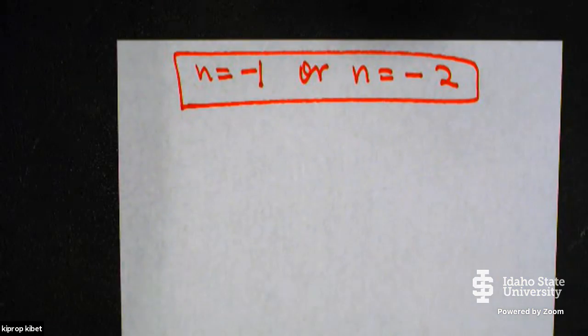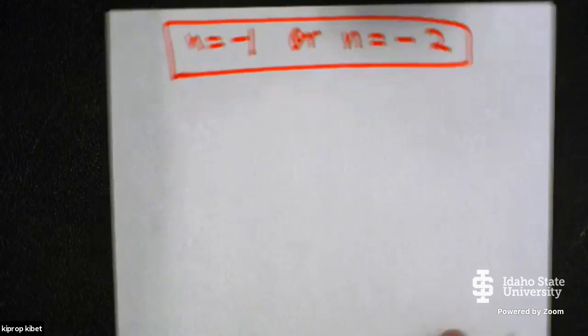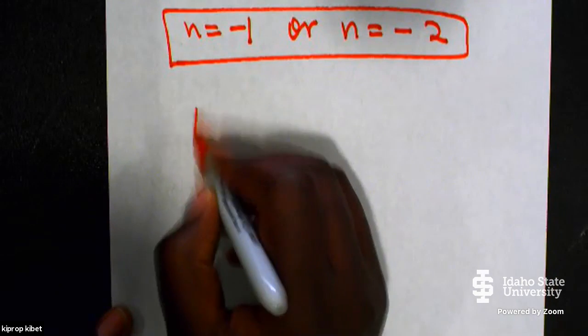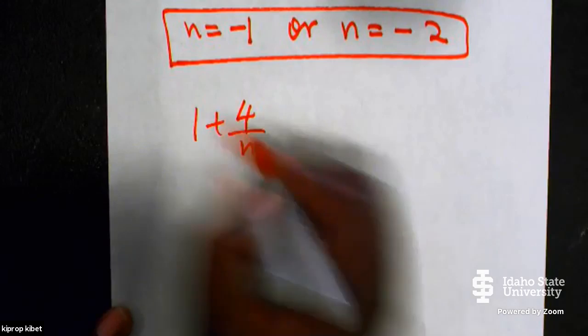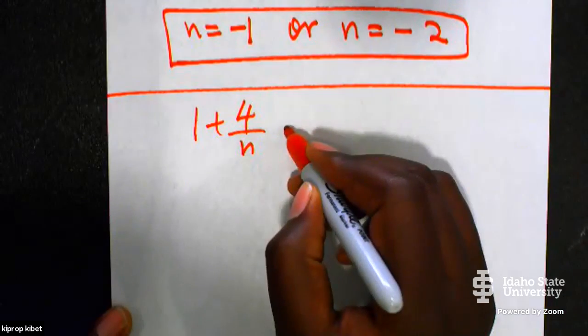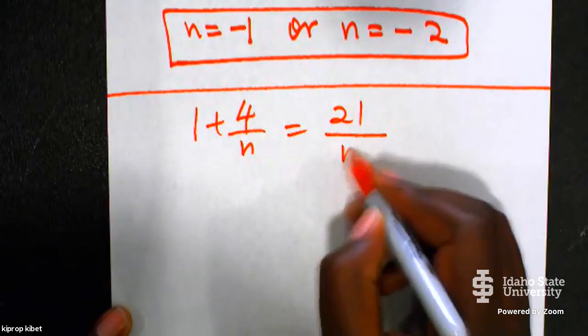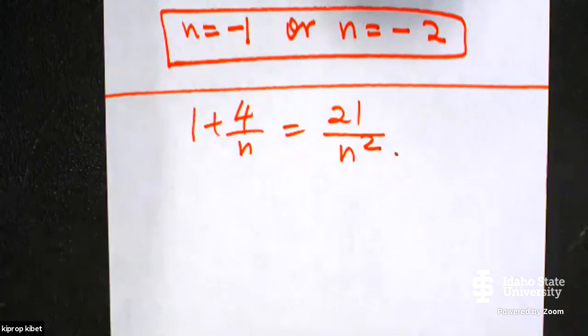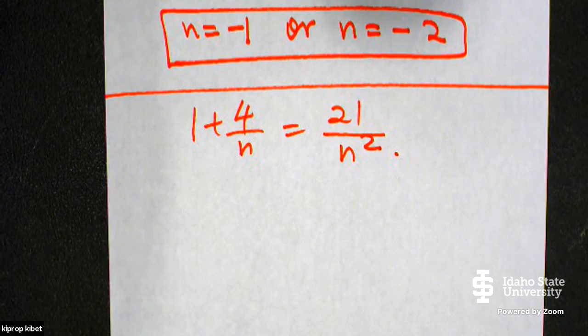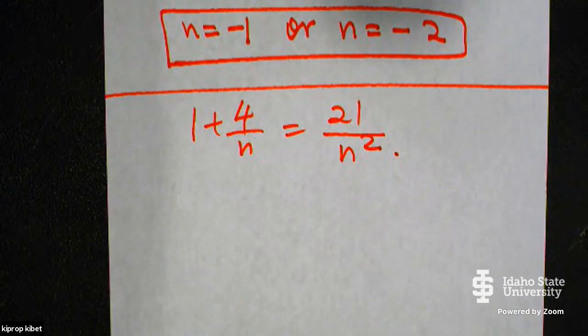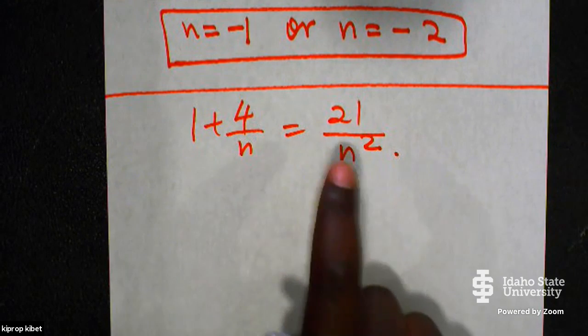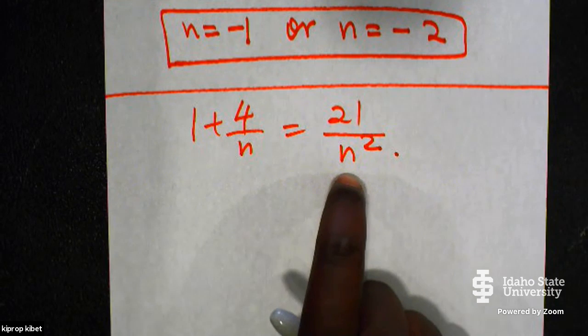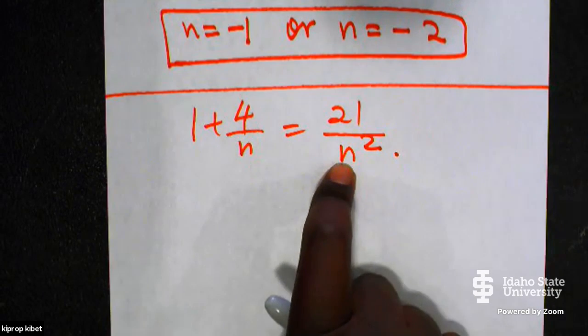All right, so let's try the last one here. So you have 1 plus 4 all over n, and then equals to 21 all over n squared. So our least common denominator here is what? n squared, right?